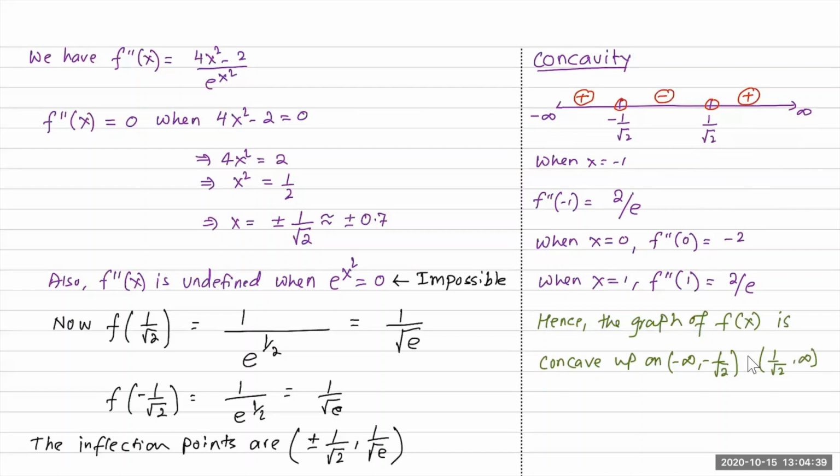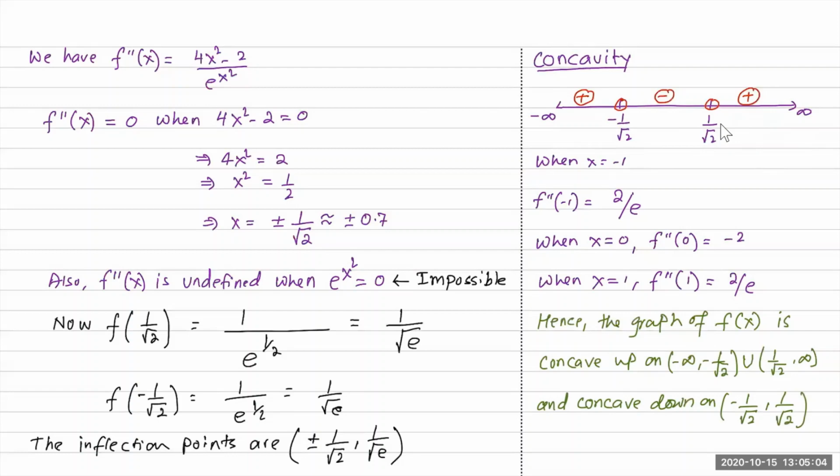If you want to combine these two intervals together, we write a union, if you remember from your college algebra or pre-calculus. So these are the two intervals on which the function is concave up, and here in the middle it is concave down, on the interval from negative 1 over square root of 2 up to 1 over square root of 2.